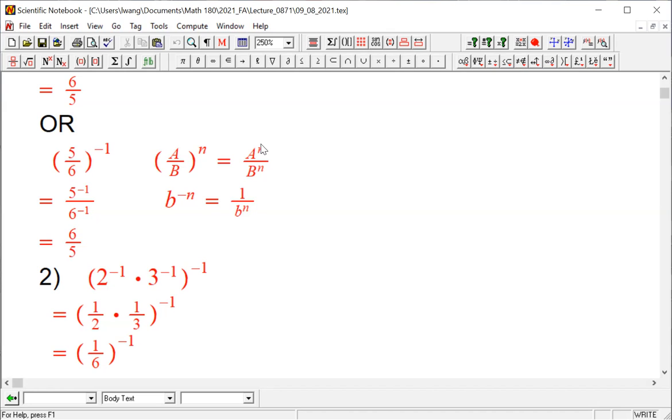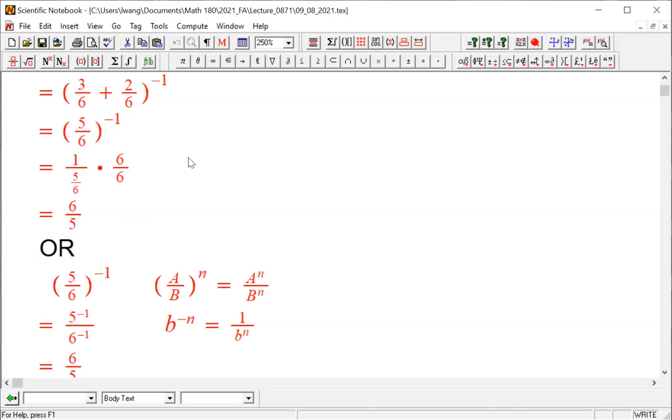So if I do use the second one where it's 6 to the -1, no, you're not going to get 5 here because this is multiplying fractions, and the other one is adding fractions. When you multiply fractions, denominator multiplies denominator, numerator times numerator. But when you add fractions, you have to find a common denominator.